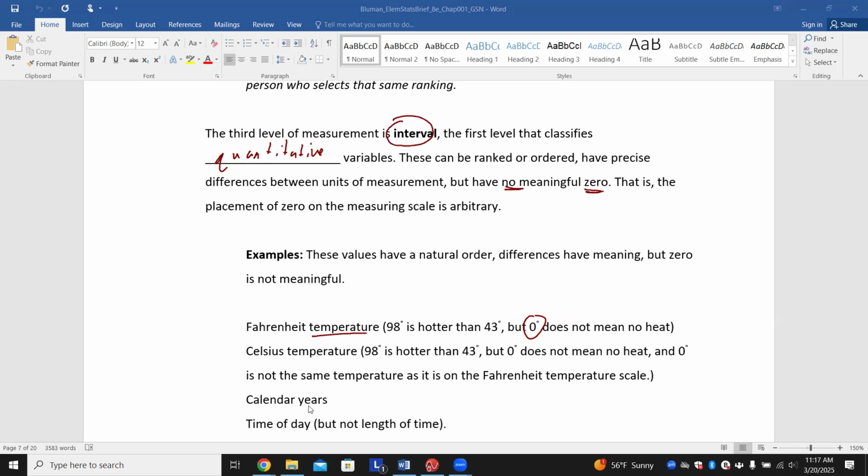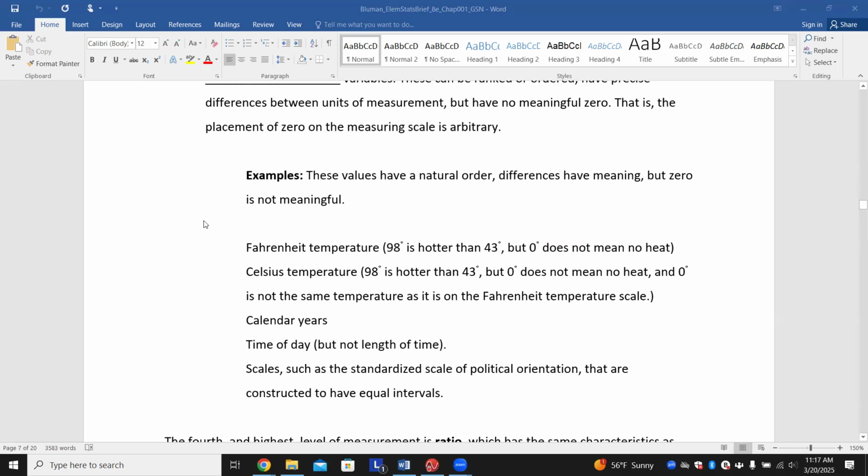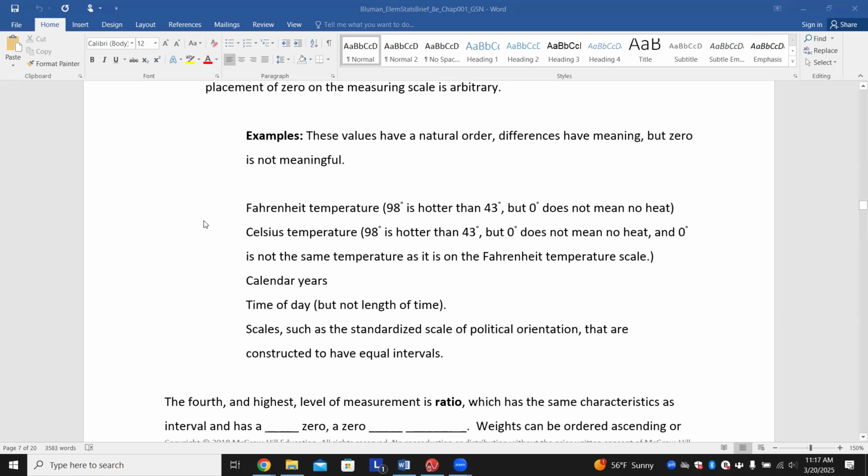Again, calendar years, depending on whether you're looking at AD or BC, and time of day, but not the length of time, don't have an absolute zero, because I can go 20 minutes ago, so that's -20 now, right? Scales such as a standardized scale of political orientation are constructed to have equal intervals, things like that.